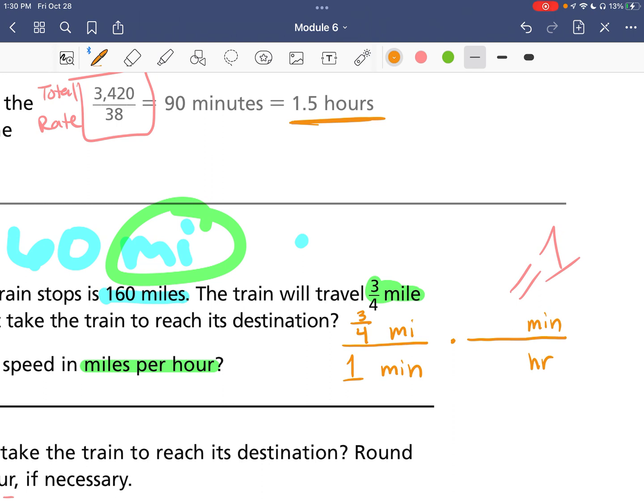And to change that into hours, we need to multiply it by something that's equivalent to 1. For example, 60 minutes is the same as 1 hour. This whole fraction here will equal 1. So by doing this, we're able to cancel out some units to get to miles per hour.